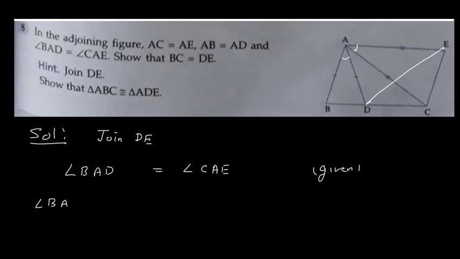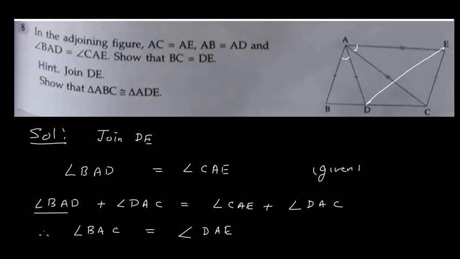So angle BAD plus angle DAC is equal to angle CAE plus angle DAC. Therefore, I will get angle BAC equal to angle DAE.